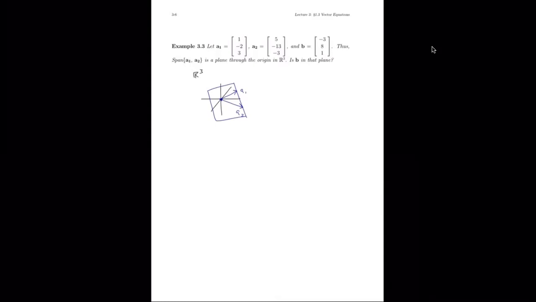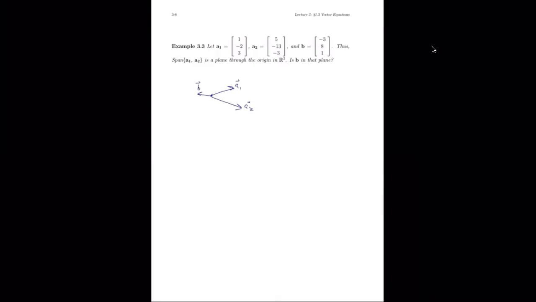So anyway, 2 degrees of freedom in R3 means we're going to form a plane at most. The problem does tell us that this is a plane, so we can accept that that's the case. Now, what does it mean for b to be in that plane? Well, it means that we can combine some part of a1 and some part of a2 in order to get the vector b wherever it might be.